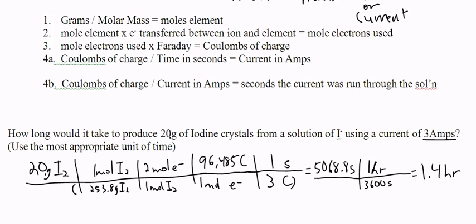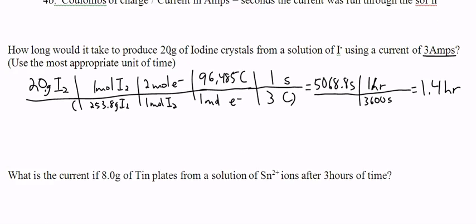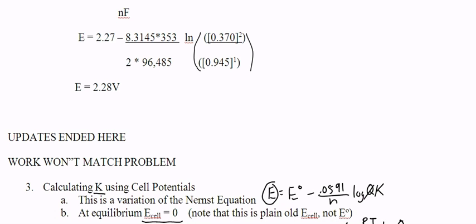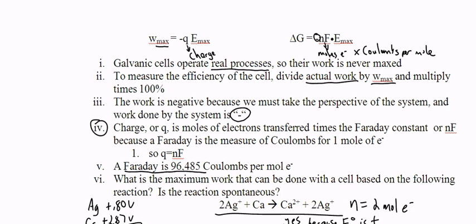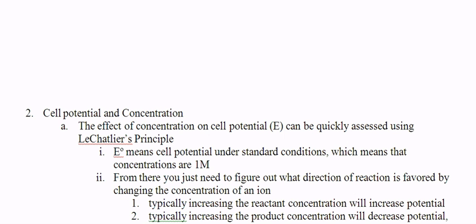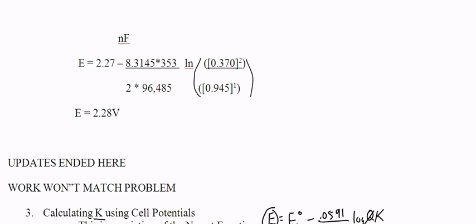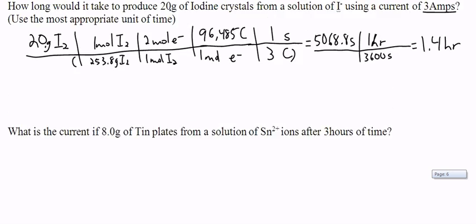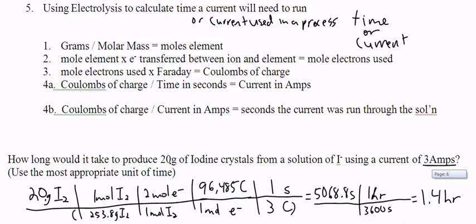So I've got one more example that we can take a look at here, and it's what is the current if 8 grams... Okay, and so that should wrap up solving for time.